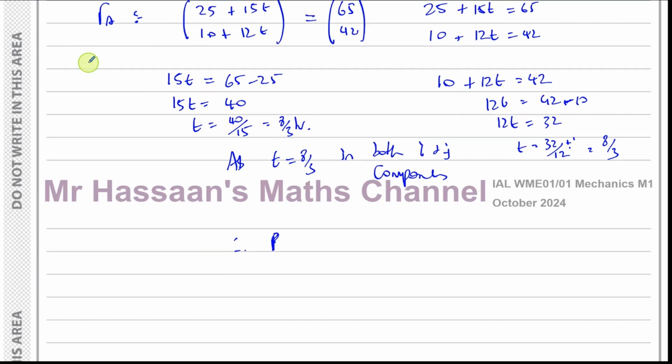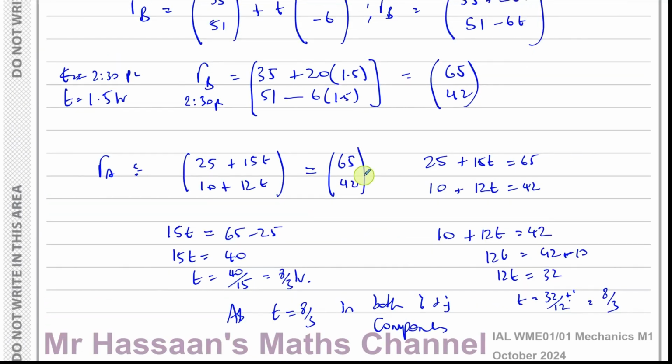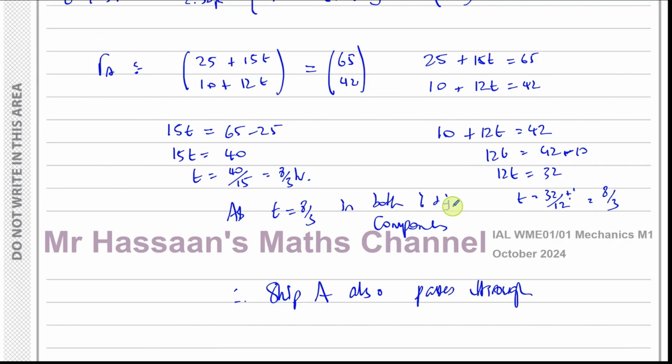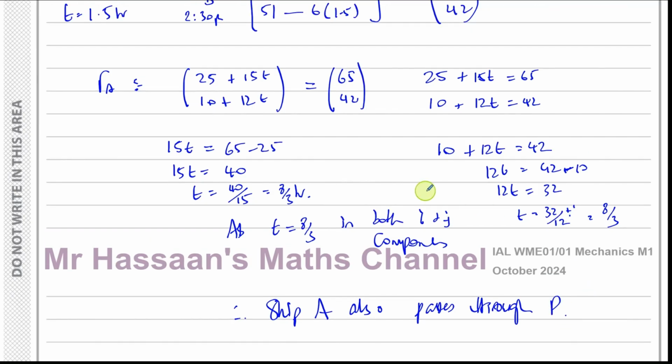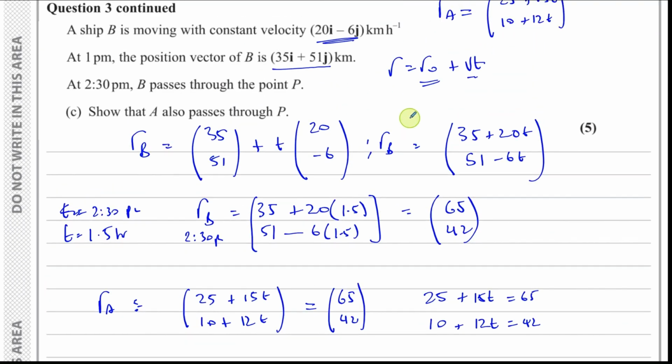Okay, ship A also passes through this point, which is the point P. Okay, if the solutions to these two equations came out to different values of t, then we could say that A did not pass through that point, because the same value of t should take us to the same values of the i and j components of that position. Okay, so that's how you answer part C.